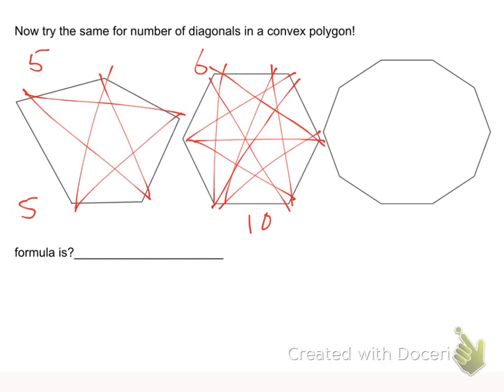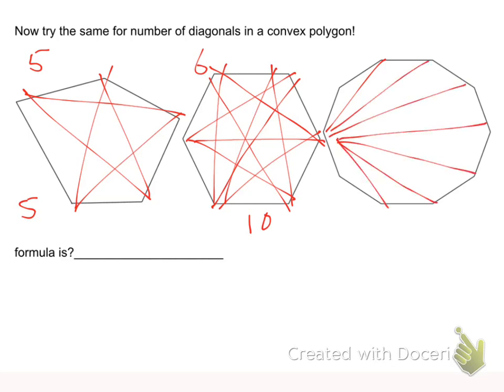Now we have to go to a 10-sided object. This is where things get a little crazy. Each vertex will have 7 lines coming from it. But one of those connections is already taken up, so it keeps falling.